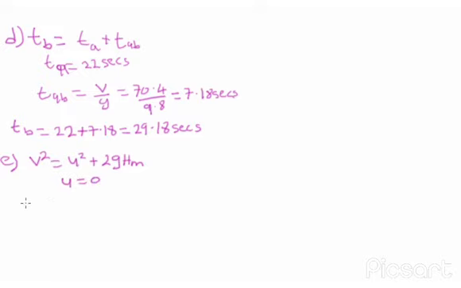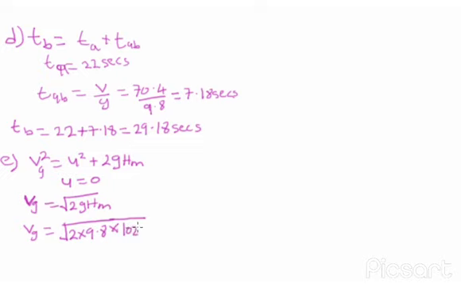So the velocity at which it strikes the ground, let's label that as Vg, is equal to the square root of 2GHM. G is the acceleration due to gravity, which is 9.8 meters per second squared. So 2 times 9.8, HM is 1027.86.